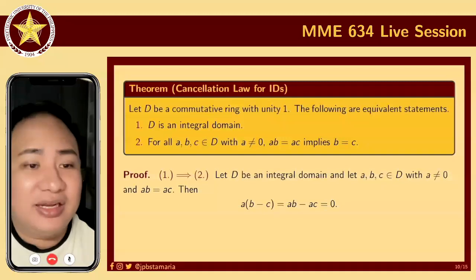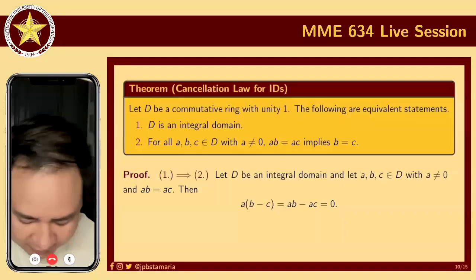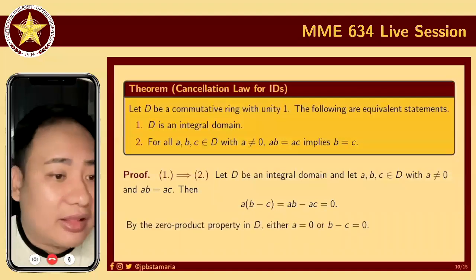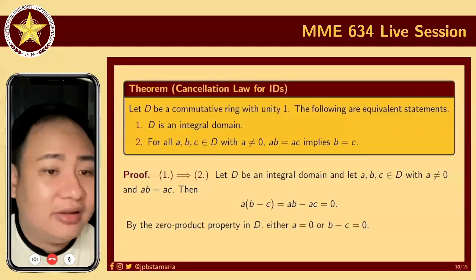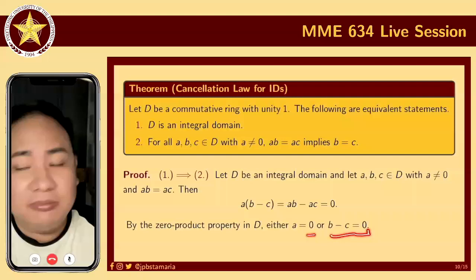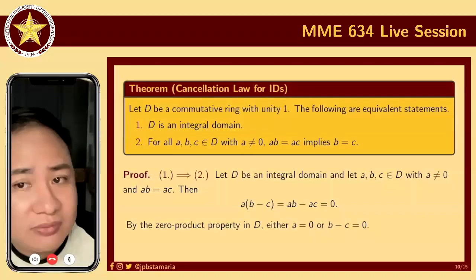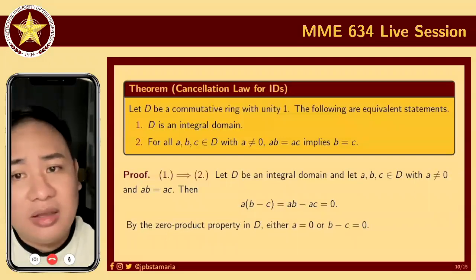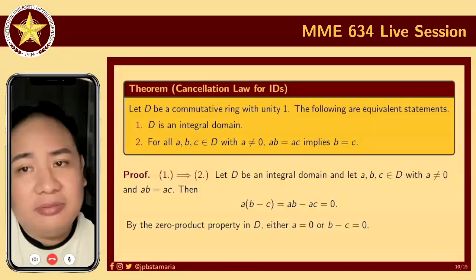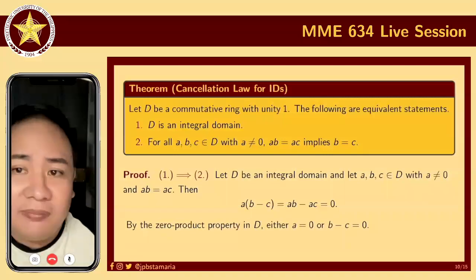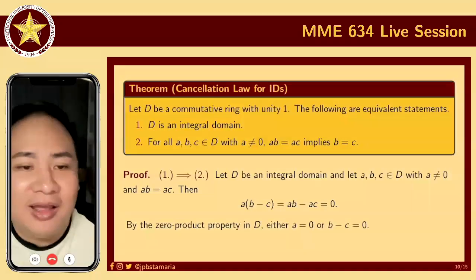Because we are working in an integral domain, the zero product property can be used to conclude that either A is 0 or B minus C is 0. But by assumption, A is not 0. So what will happen now? Halimbawa, either you are maganda or mayaman, pero hindi ka naman maganda. Anong conclusion? Mayaman ka.